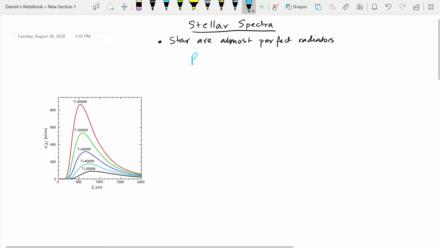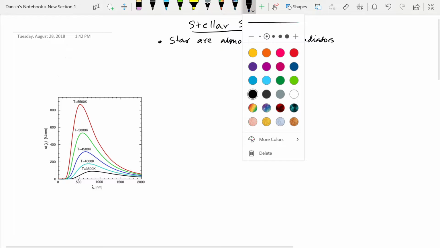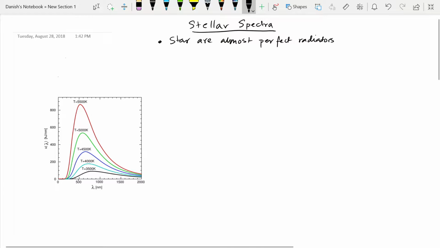Let's go back to the black body. Okay, so power is equal to the area times the Stefan-Boltzmann constant times the temperature, absolute temperature in Kelvin, to the 4th power.